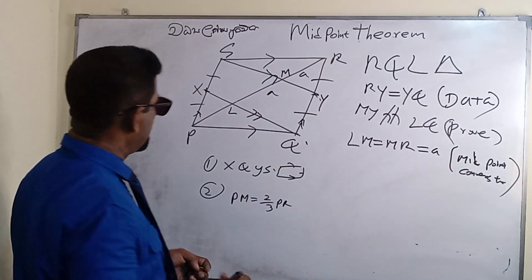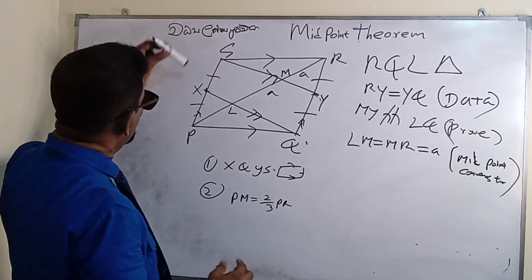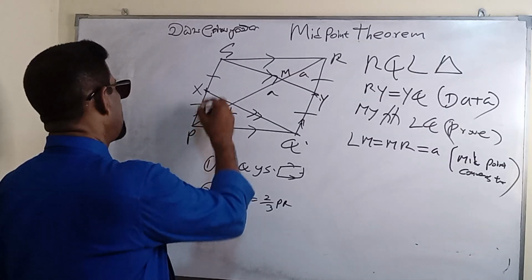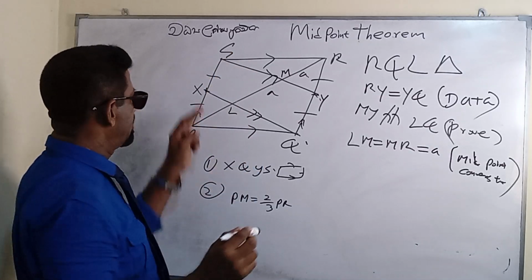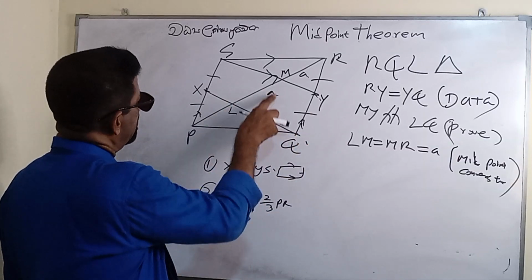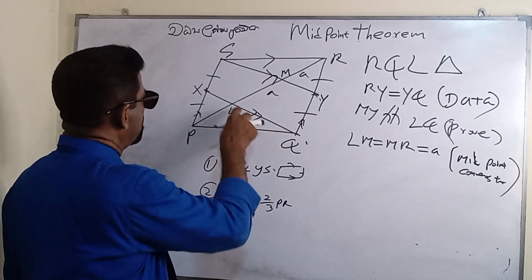Then again select the triangle XPM. We know PX equals XS, which is given data. SL is parallel to SM because of the parallelogram we already proved.